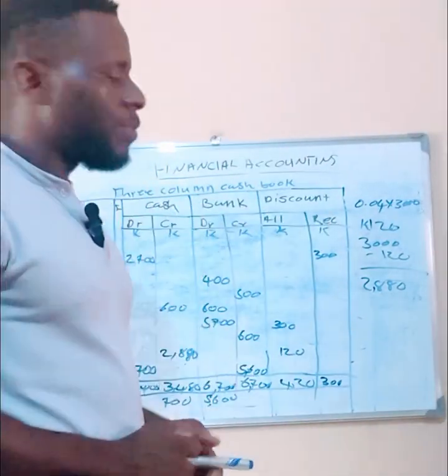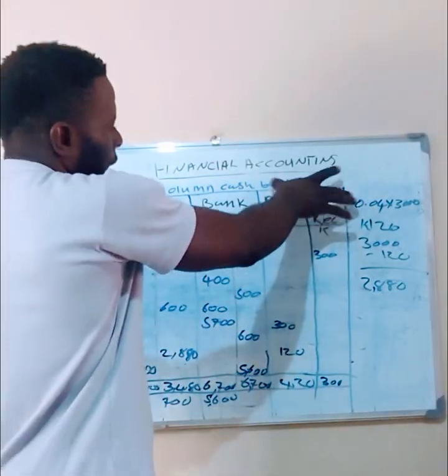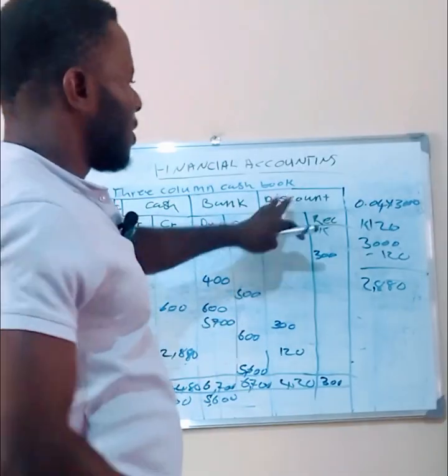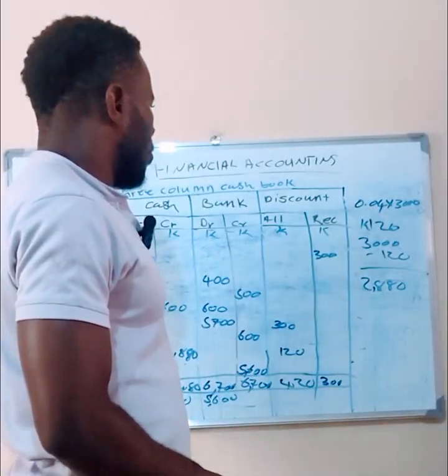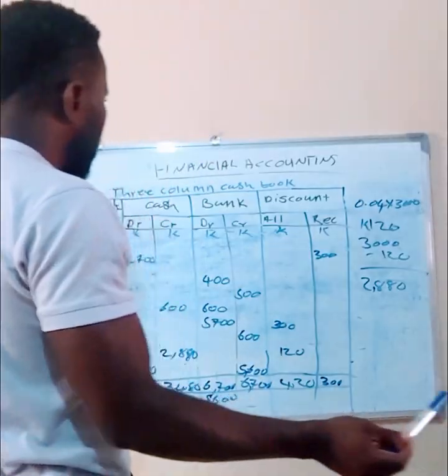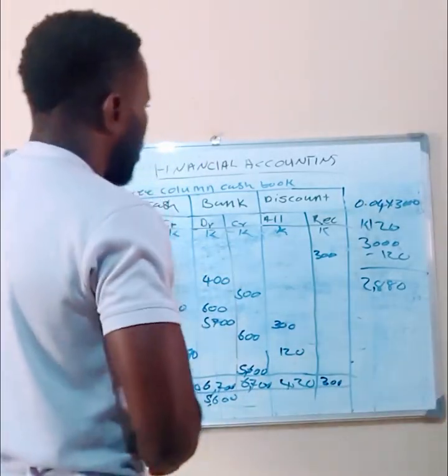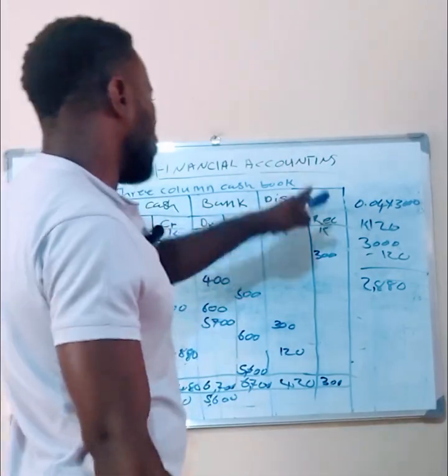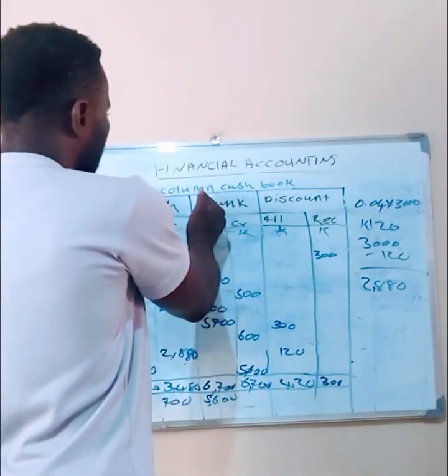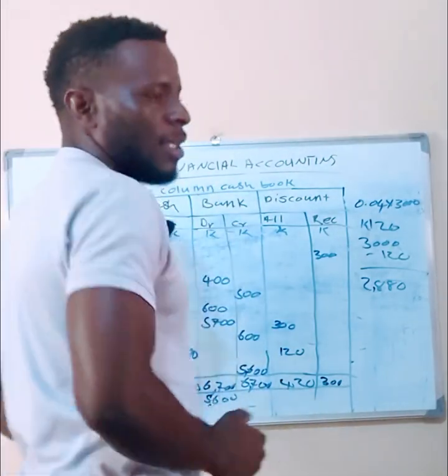A two column cash book, there is no addition of this. There is no provision for a discount column. So if this was a two column cash book, meaning this discount part is not going to be there. It will just have the bank and the cash account, and everything remains the same.